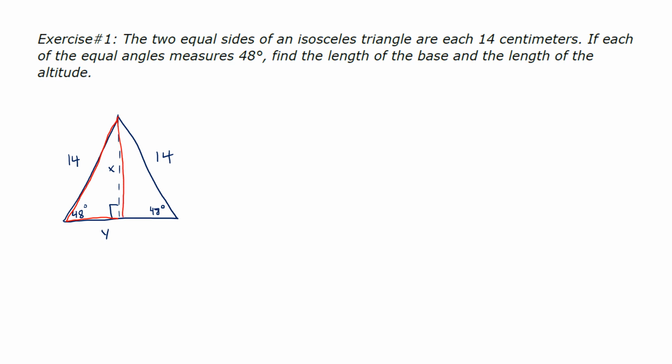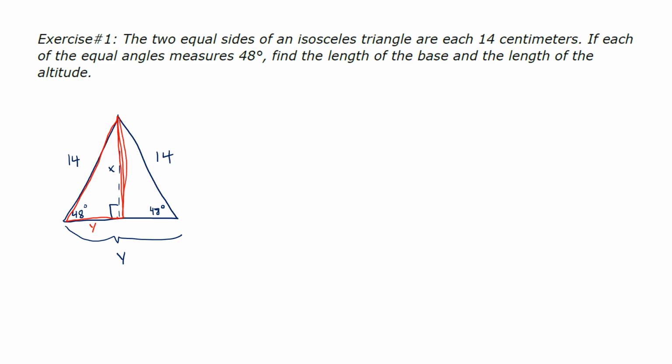We know that the whole base here is Y. But just for the purposes of this triangle, we are going to make this base of our half of our isosceles triangle y. And then we'll apply it to the big Y at the end.